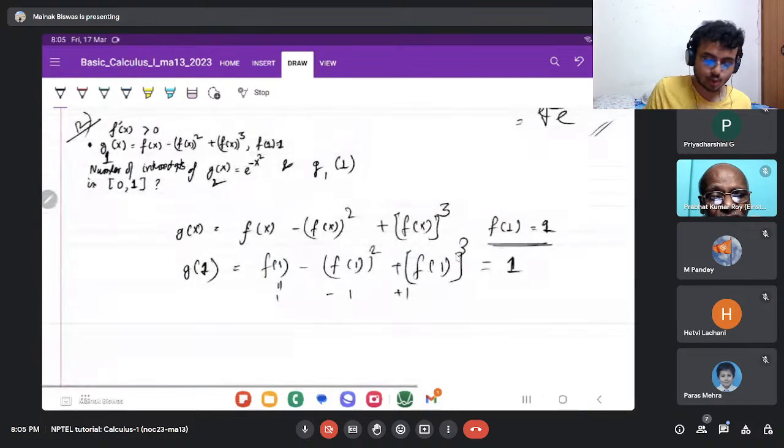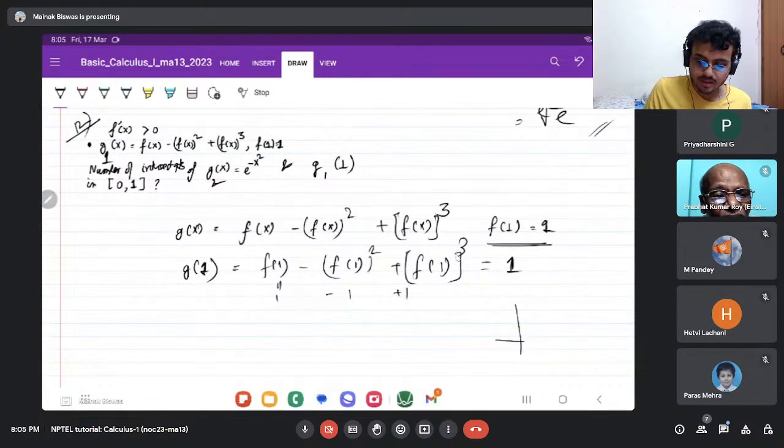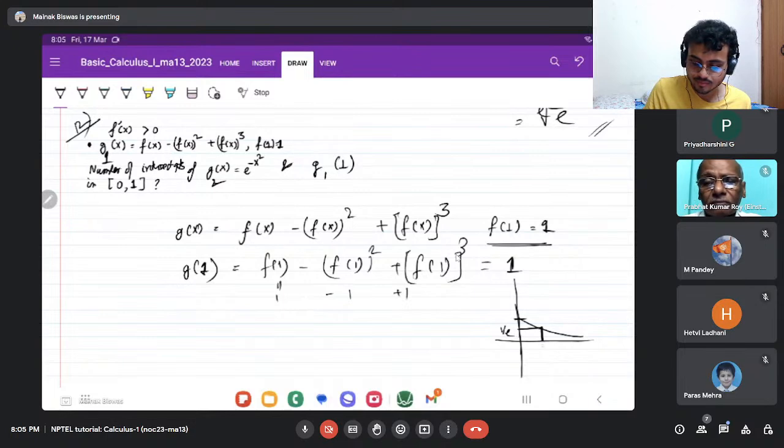Now, what do we know about the g2 function, e to the power minus x square, between 0 and 1? It looks something like this. At 1 it is 1 by e.